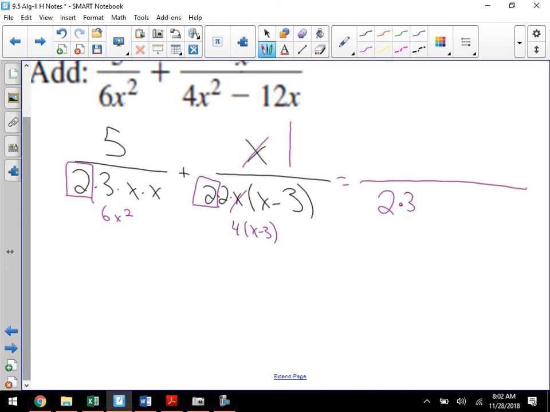Times 3, times 2, x squared, and x minus 3. Everybody okay with that? Just write down factors. So now let me rewrite this down on the bottom here.